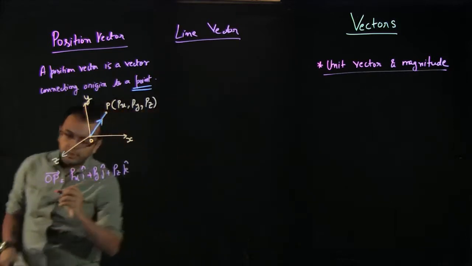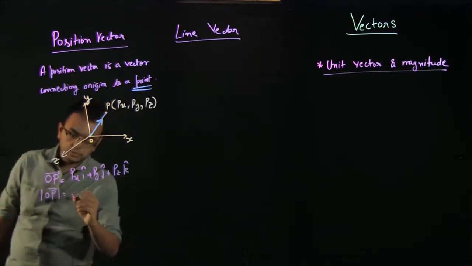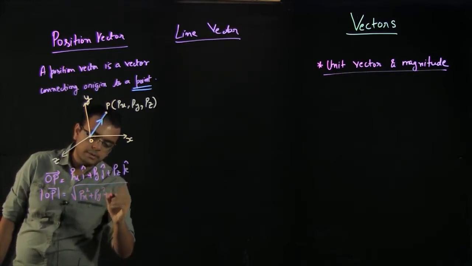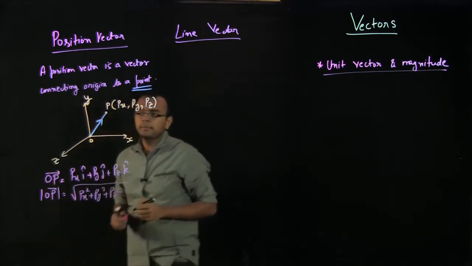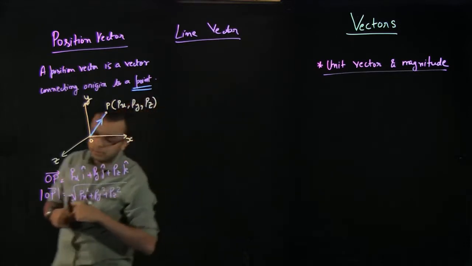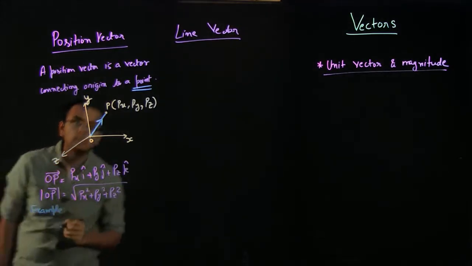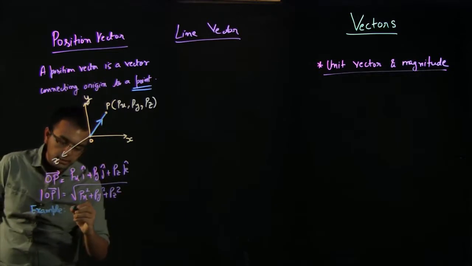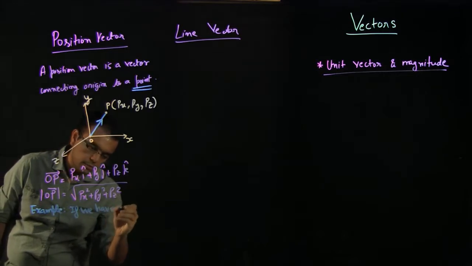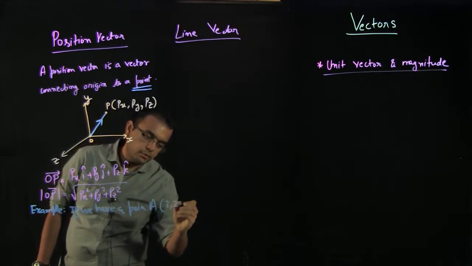Another point that you might want to know is that the magnitude of OP vector is square root of Px square plus Py square plus Pz square. So let us just take a very quick example for this. Let us say we have a point A with coordinates 3, 2, 1.